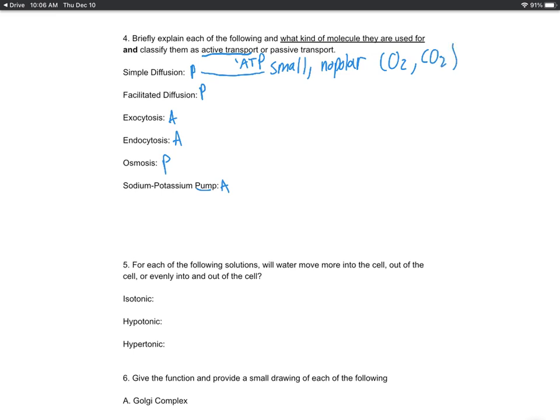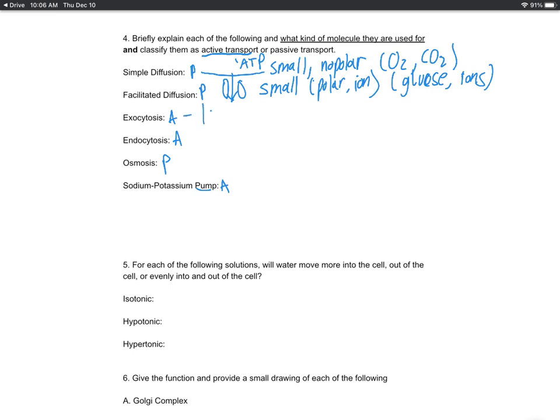Facilitated diffusion, meaning using a sort of protein channel to be able to move through, still needs to be small, but it could be something that's polar or an ion, like glucose being polar, or various different ions having a charge.